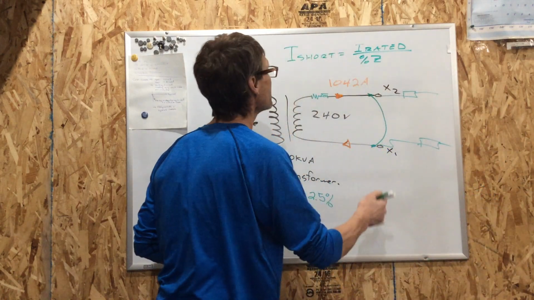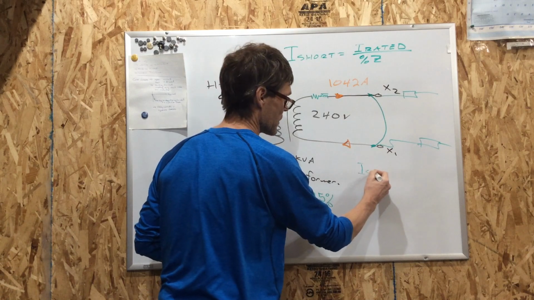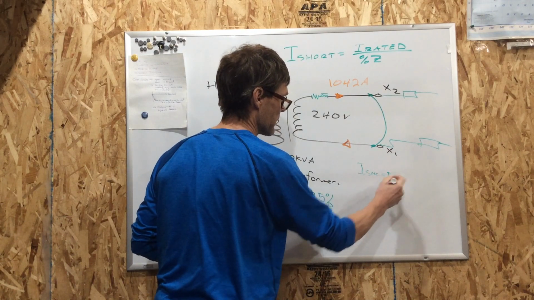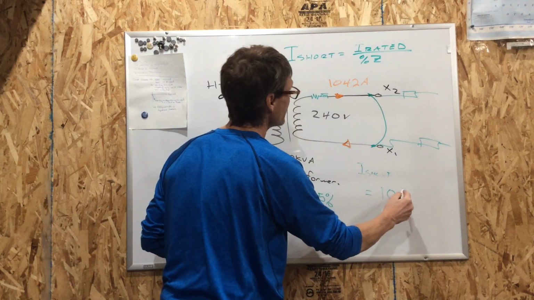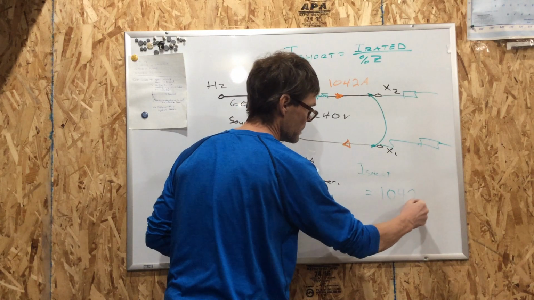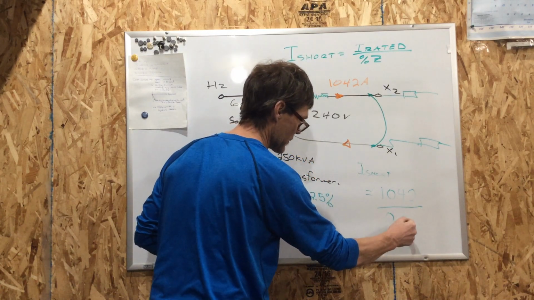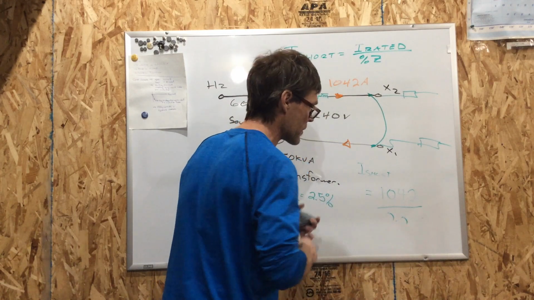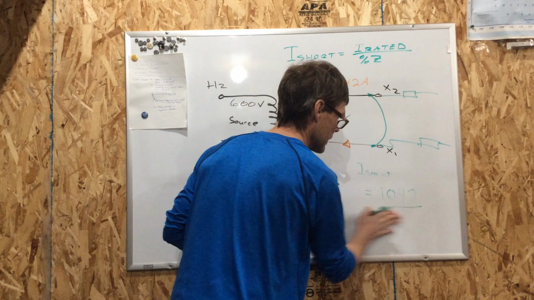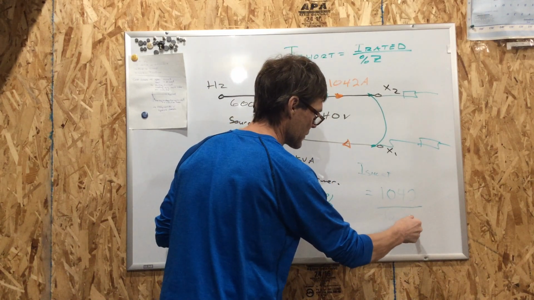Try to make it quick. So I short circuit is going to be equal to 1042 divided by 0.025, which you can't see because my board's wet here. 0.025.